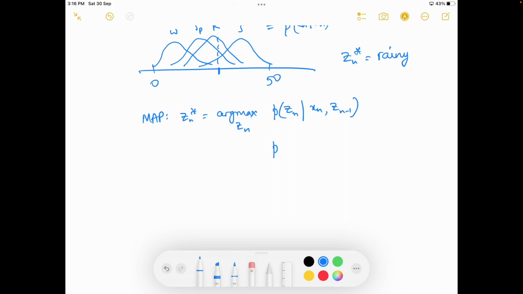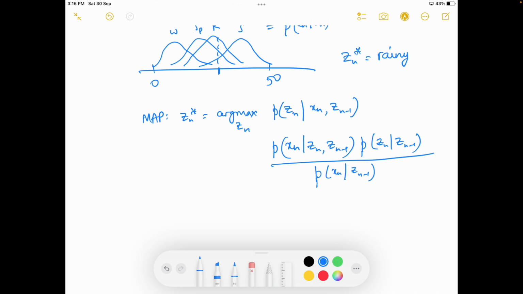P of xn given Zn, Zn minus 1, into P of Zn given Zn minus 1, divided by P of xn given Zn minus 1.